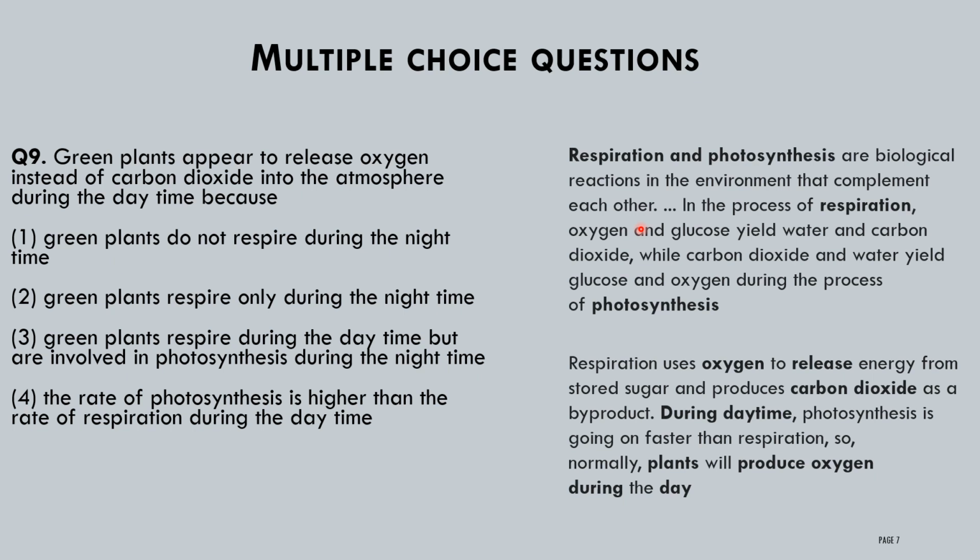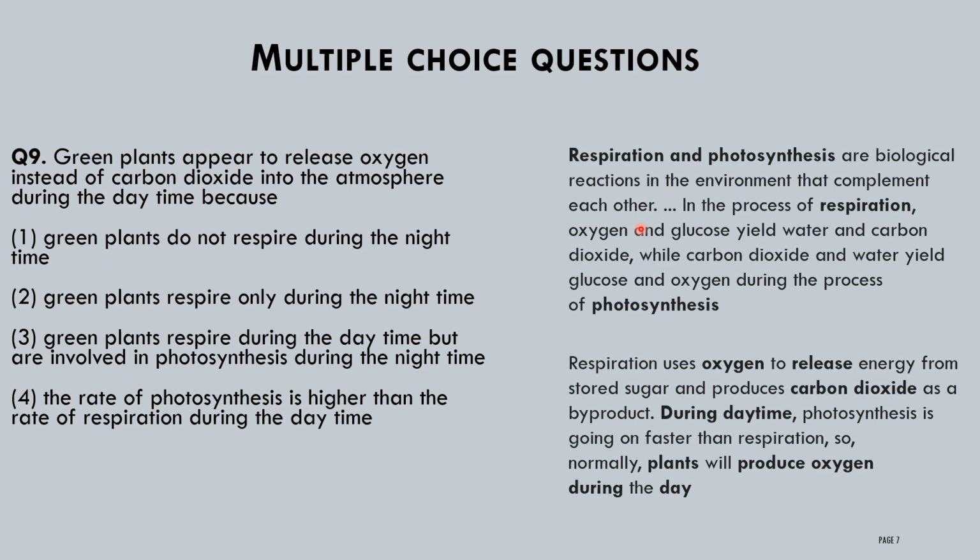But during the daytime, the sun is available, sunlight is more. Therefore, the plants prefer photosynthesis more compared to respiration, because sunlight is most necessary for photosynthesis. Therefore, in the daytime, the process of photosynthesis will be more compared to respiration.